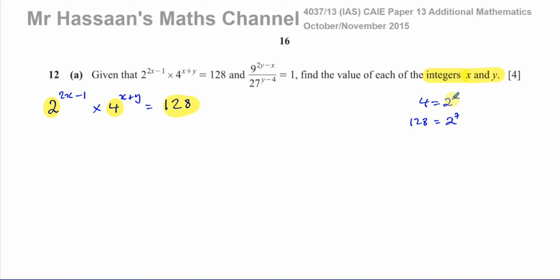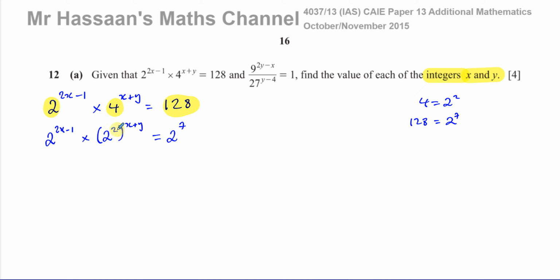Okay, so I can express all of these with the same base. This will stay as 2 to the power of 2x minus 1. But 4 is going to become 2 squared. So I'll have 2 to the power of 2 raised to the power of x plus y, and that's equal to 128, which is 2 to the power of 7.